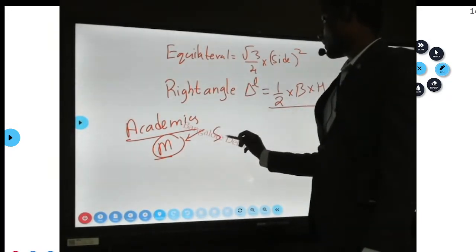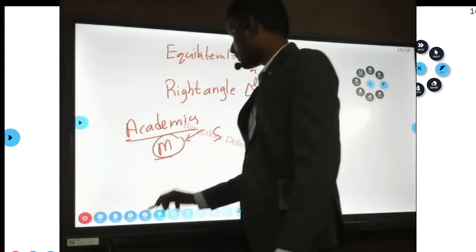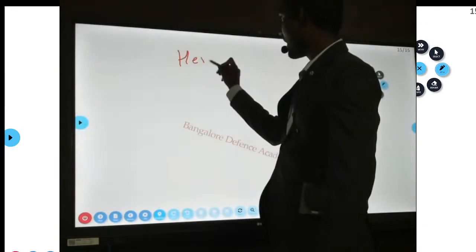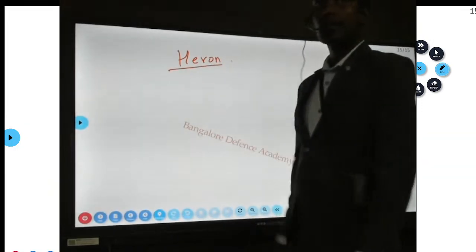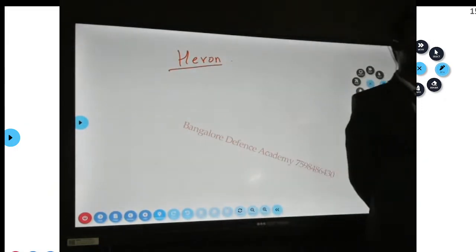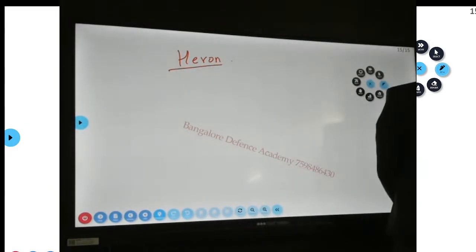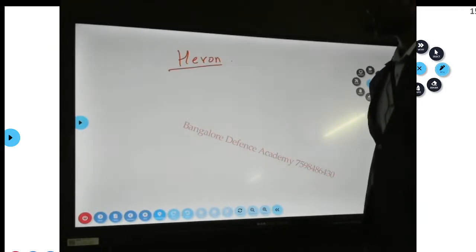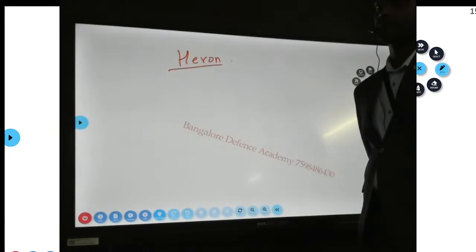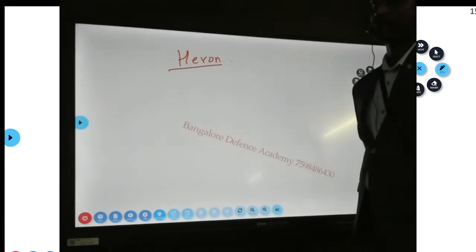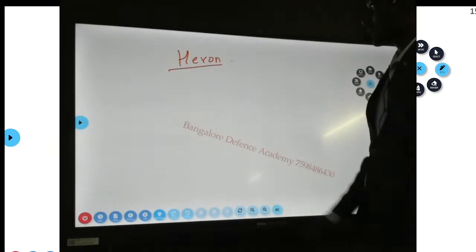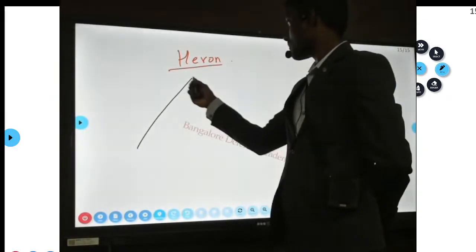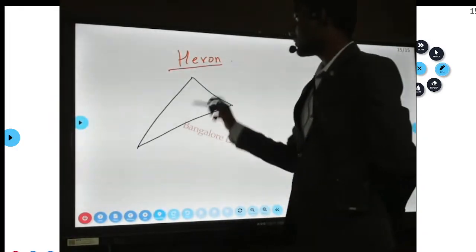Next you have, write down Heron's formula. This is there in your 9th standard? Yes, sir. Tanushri, tell me Heron's formula. S is equal to A plus B plus C by 2, root of S minus A, S minus B, S minus C. Okay, what is this?